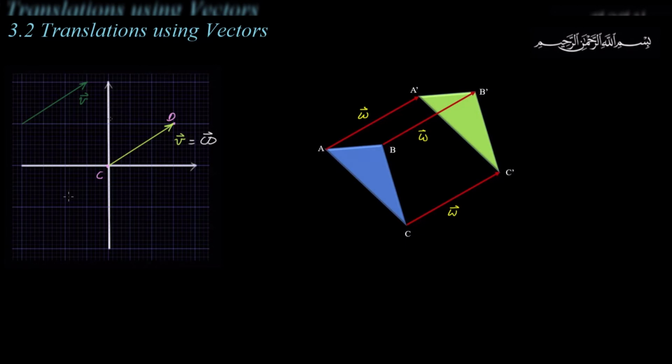Now, in talking about vectors, they're free floating, right? If you want to talk about a particular vector, it's useful to put one of the endpoints, the beginning of the vector, the starting point, at the origin.